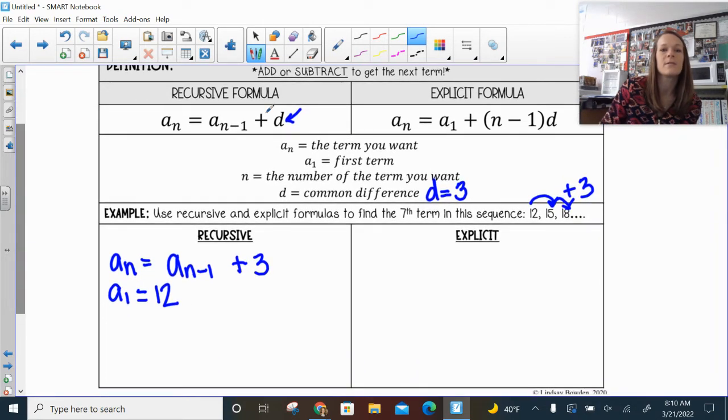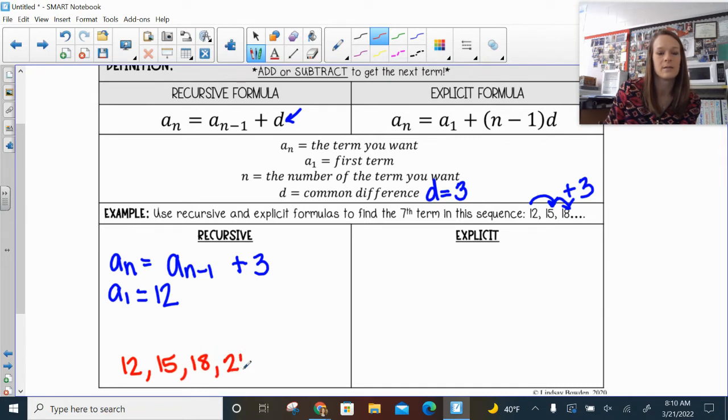Now, when you see the formula, all it means is there's my first term, which is 12, and then this tells me what I'm doing. I'm adding 3. So if I had to write the sequence out, the first term's 12, and then you are adding 3.